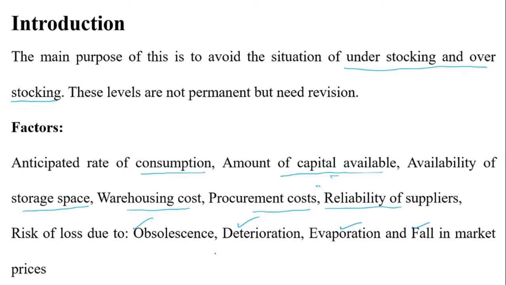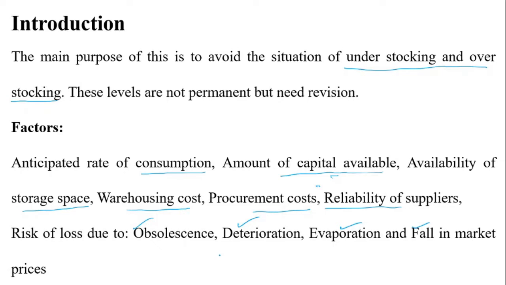What do you mean by obsolescence? Obsolescence is nothing but the decrease of any fixed asset value or any asset value due to technological changes. Let's take an example: a Honda vehicle. The model is 2019 compared with the 2020 model.